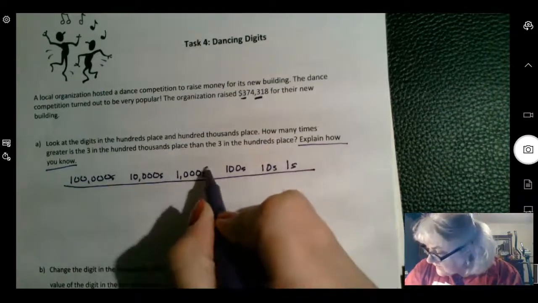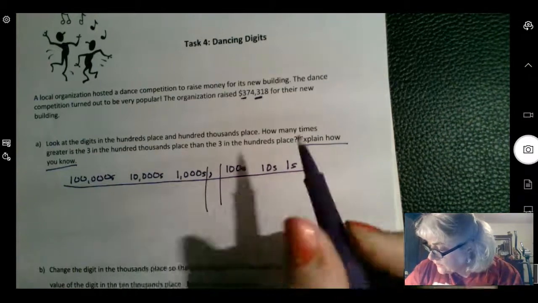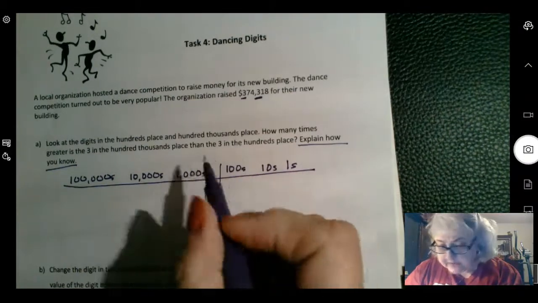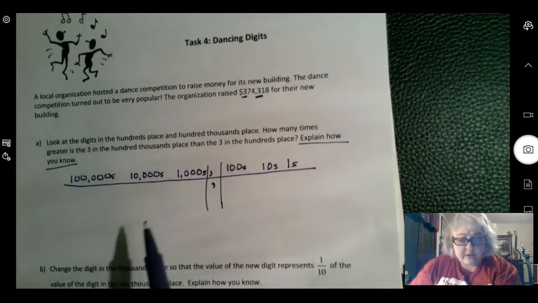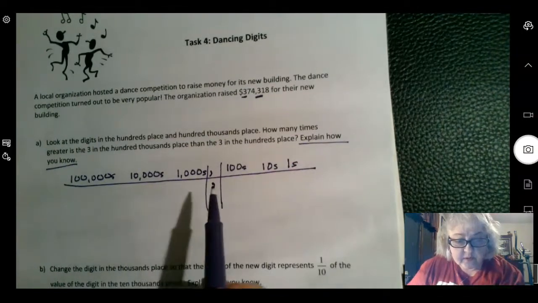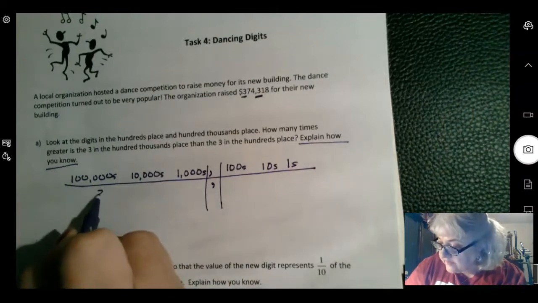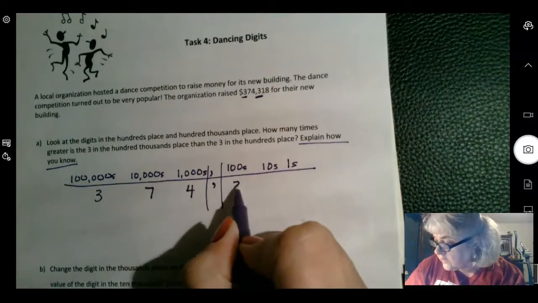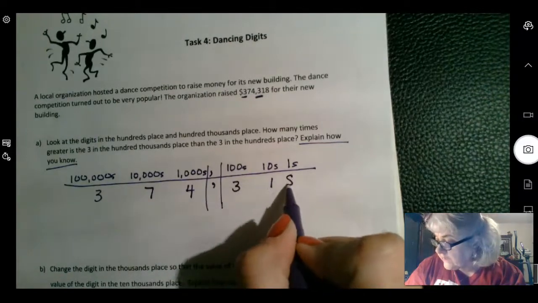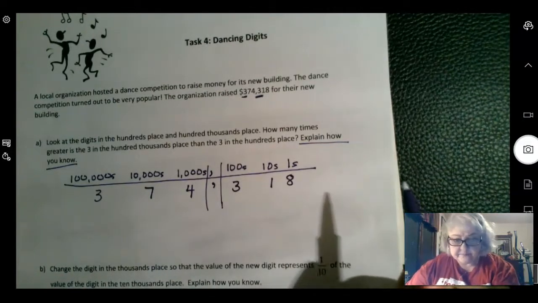Okay. And then I'm going to come right down through here and think about my comma going in. So now I'm going to plug in the values that go in my place value chart: a 3, a 7, 4, a 3, a 1, and an 8.